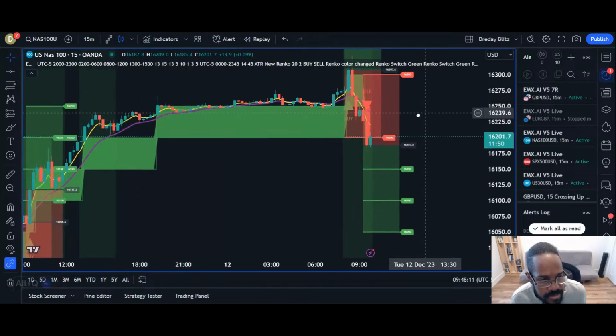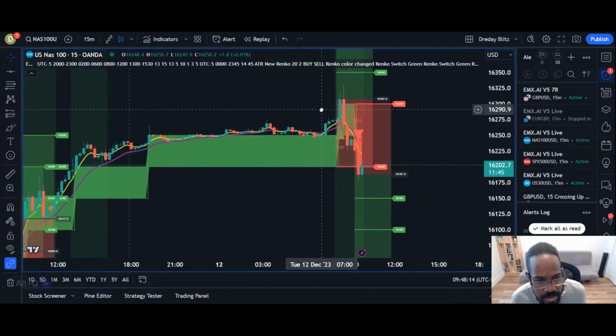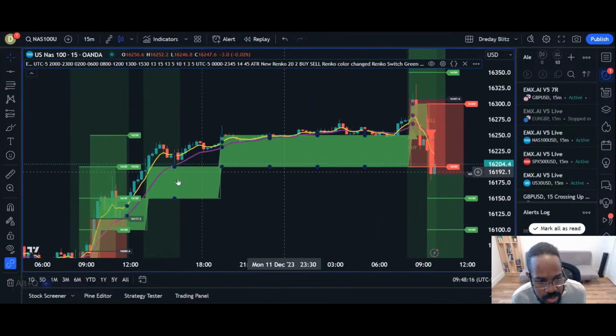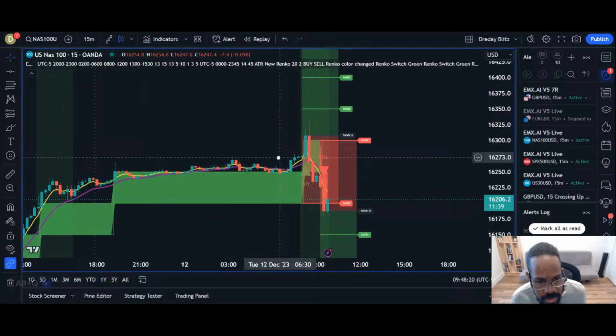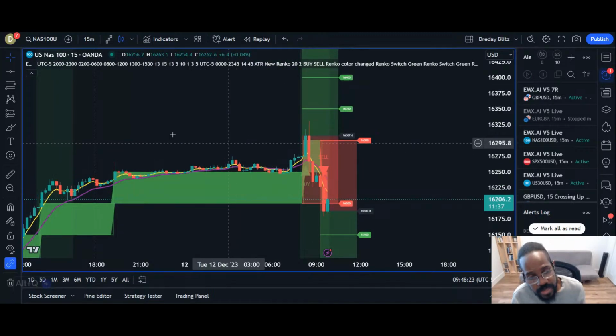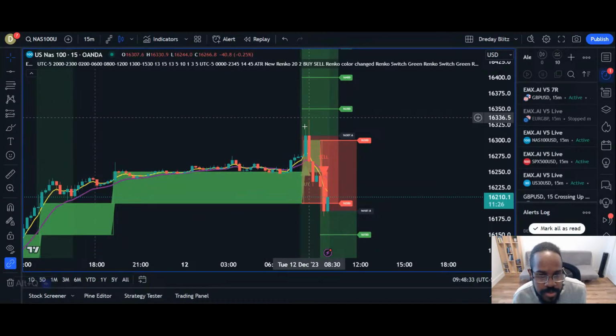Since Monday it was rallying up. Like I said, always if you see that the market rallies up and starts to fall down, that means this point here would be the highest point of the week right now.